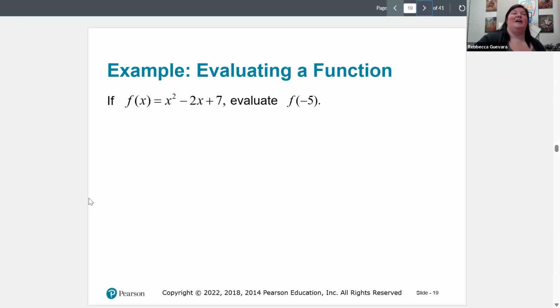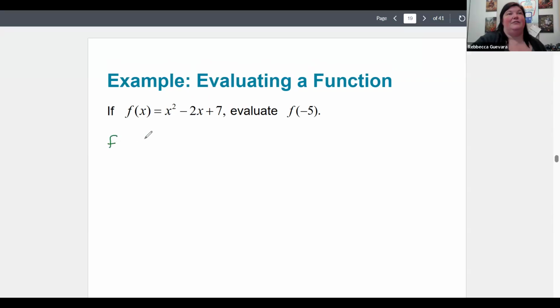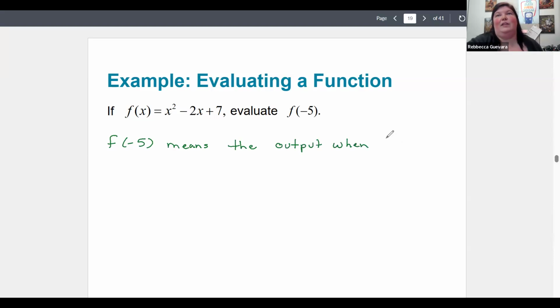So what we mean is that if I have f of x equals x squared minus 2x plus 7, and I want to evaluate f at -5, f at -5 means the output when the input, which is our x, equals -5.